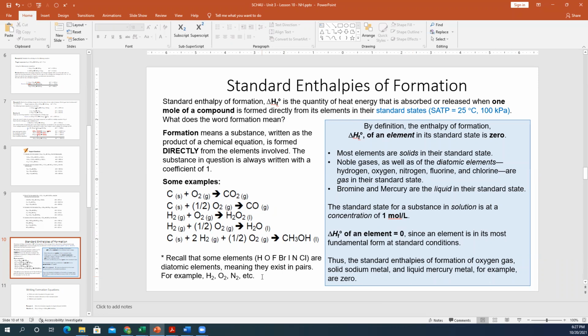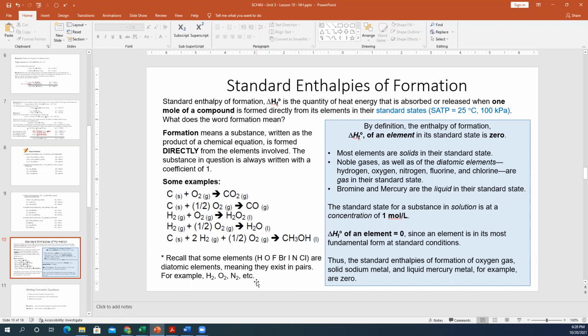But some elements, such as hydrogen, oxygen, fluorine, bromine, iodine, nitrogen, and chlorine, are all diatomic elements, meaning that they exist in pairs. For example, hydrogen occurs as H2. Oxygen occurs as O2. Nitrogen occurs as N2, and so on. So the delta H formation of an element in its standard state is 0.